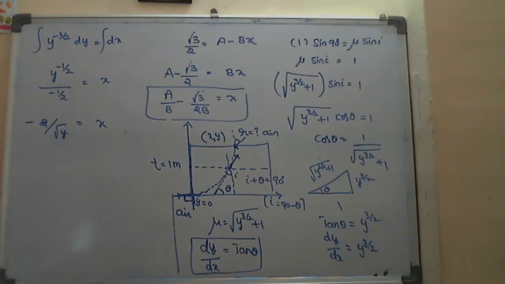Anything wrong here in this problem? What I got? Or else, any mistake I did here? 90 minus theta, sin i, correct only, I think.